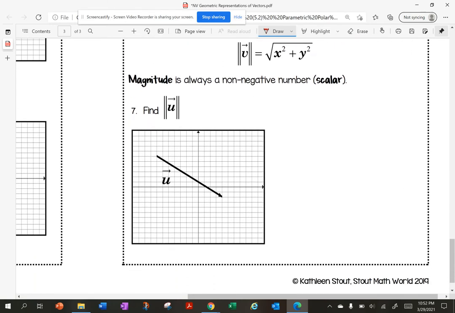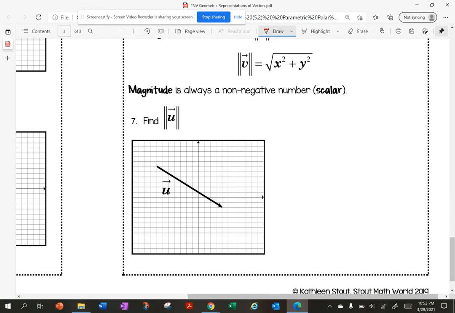So it would be considered the hypotenuse of a right triangle. So if I broke this down into horizontal and vertical components, the horizontal component is going to be 1, 2, 3, 4, 5, 6, 7, 8, 9, 10, 11.